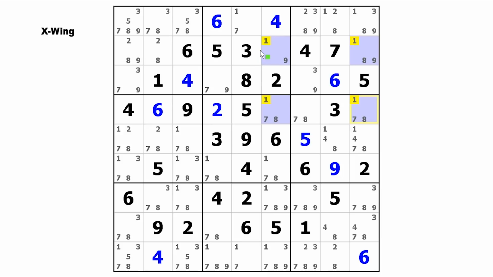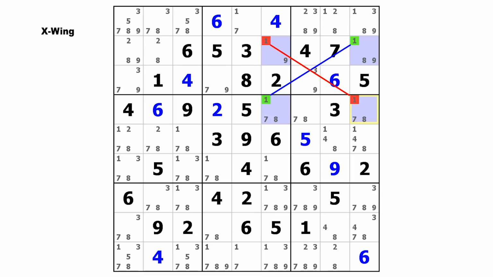In other words, either these two will be true and these two will be false, or these two will be true and these two will be false. That's the only way it can be. And this relationship kind of forms an X like you see here, hence the name X-wing.